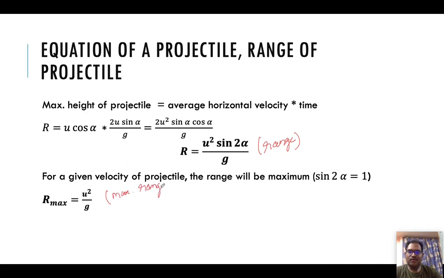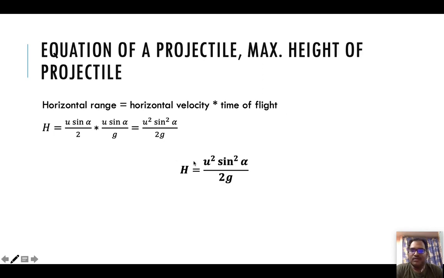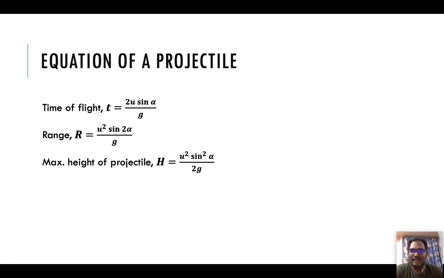So this formula is very important when we are trying to solve the problem. And this again is the maximum height. This slide also is again a self-explanatory slide. So put together, these are the equations that you have to remember. What is the time of flight, what is the range, and what is the maximum height that can be reached by your projectile.